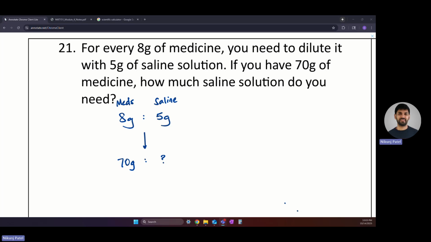So if we translated this into more mathematical terms, we could turn this into an equation. I wrote it just like I see it, 8 over 70, and then 5 over, and we don't know what that is, so I put an x there.